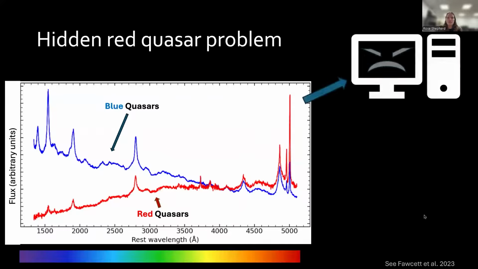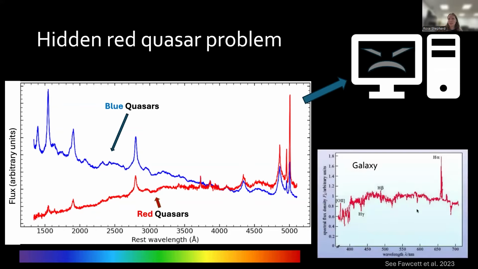So this makes it very difficult for our computer algorithms to find. They get confused and they mistake them for ordinary galaxies. And if we look back to our galaxy spectrum, you can see that actually now, yes, this is looking quite similar to our red quasar spectrum. And because these red quasars are quite rare, they're very rare, it means we don't have the training data for our algorithms to try and find them. They get confused and they mistake them for galaxies.